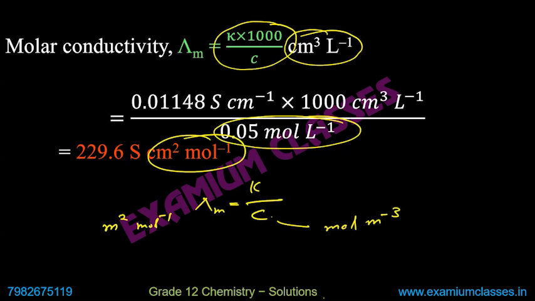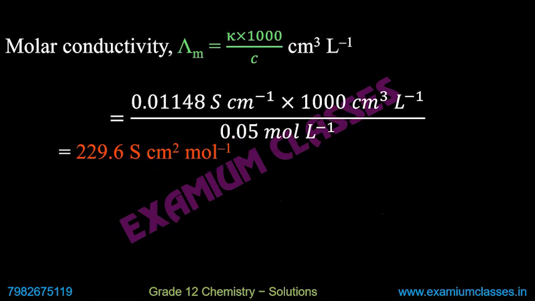Units will be in the SI system. With practice, once you have done around 5-10 questions, you will find that you can use both the formulas without any problem. If this is used, units will be centimeter cube per liter, or you can say the unit will be Siemens centimeter square per mole.